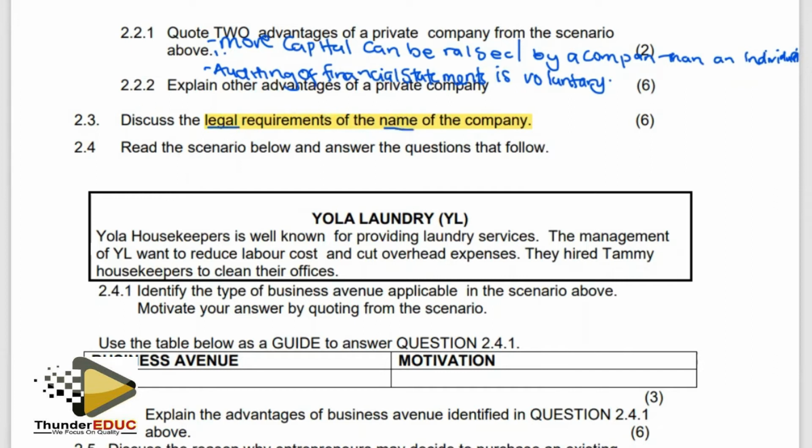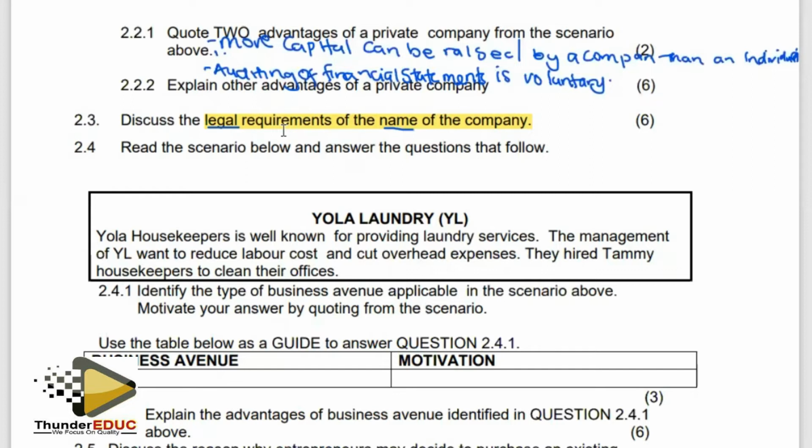By law, businesses must have a name, and that name, to be legally binding, to be legally acceptable, must comply with certain requirements. So this prohibits entrepreneurs from just naming their businesses without following the legal criteria.